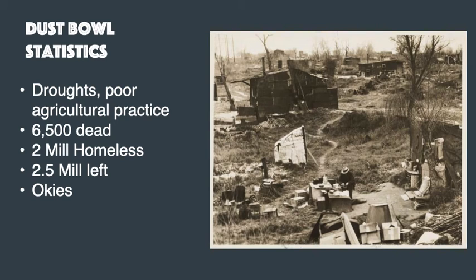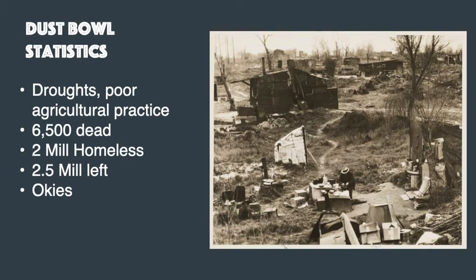One of the things that would happen is the particles of dirt got so fine that they would fill up the lungs of people who were breathing this stuff in. And especially if you were a vulnerable population anyway, somebody with asthma or something like that, you could literally drown in dirt over that particular period of time.